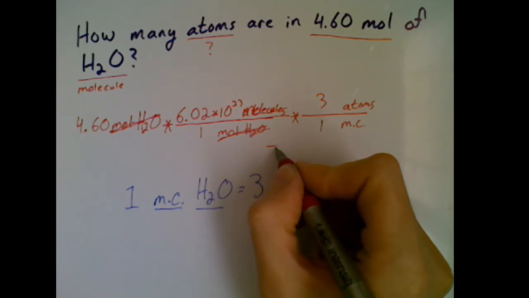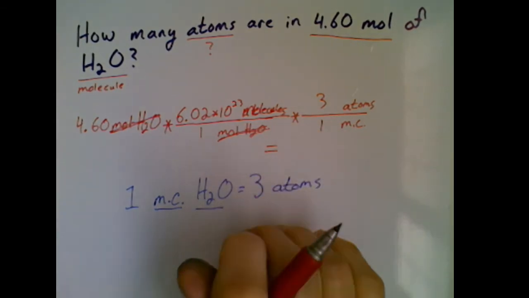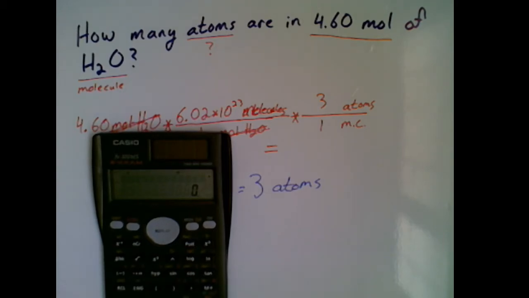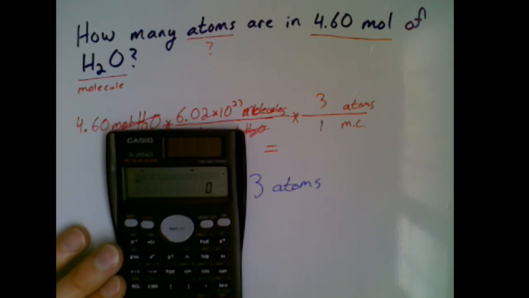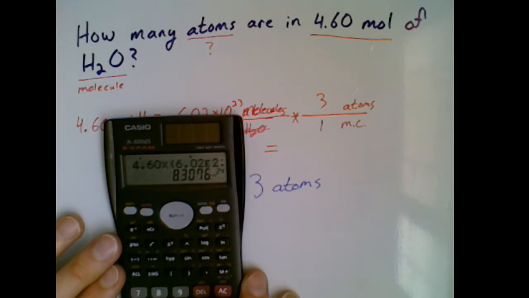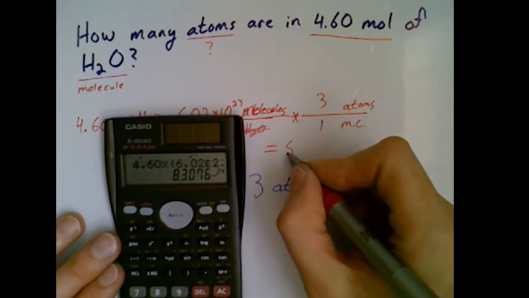By punching this in your calculator, you're going to be able to calculate how many atoms are in this much H2O. So again, just punch it in. 4.60 multiplied by 6.02 times 10 to the 23 multiplied by 3, I get 8.31 times 10 to the 24.